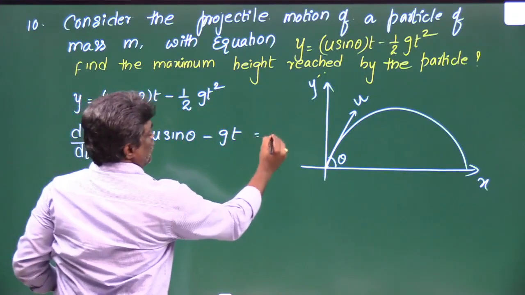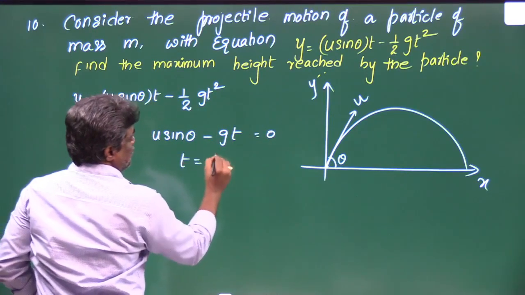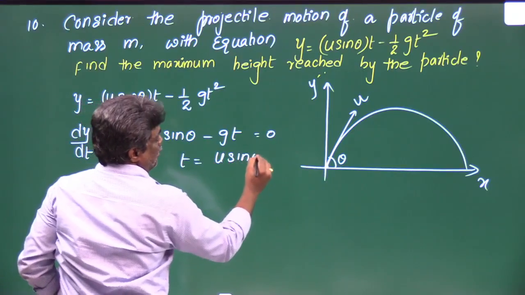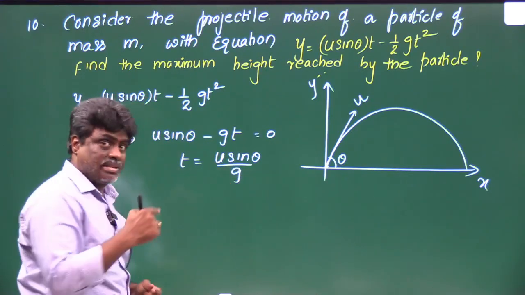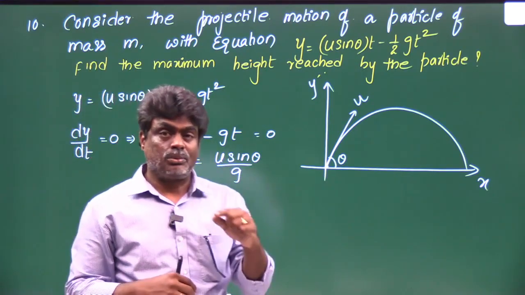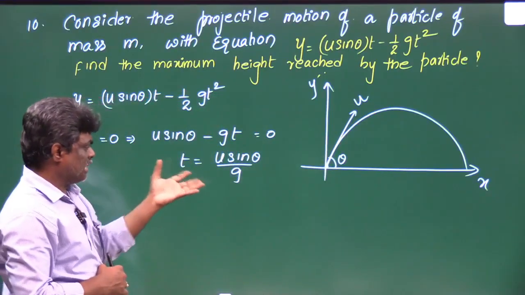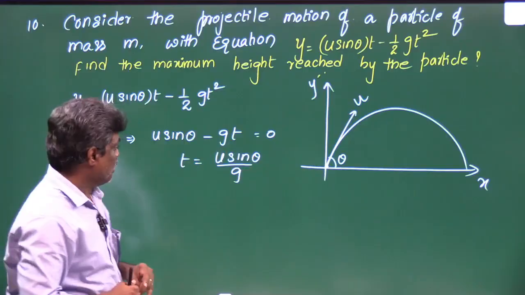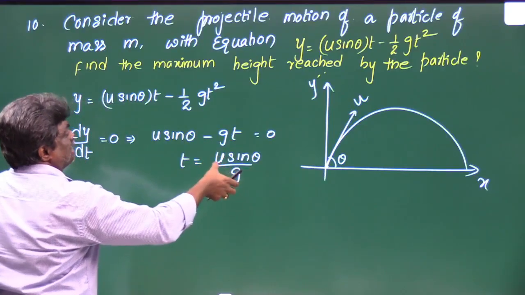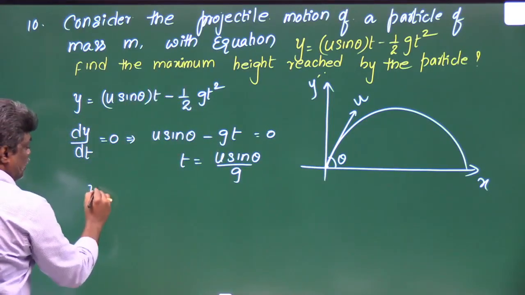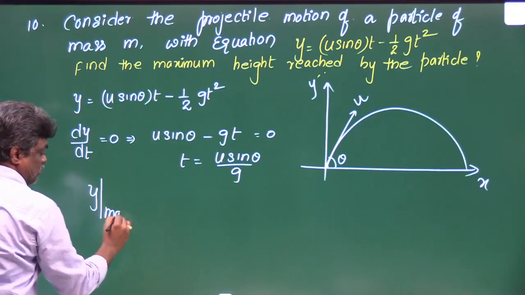So this should be equal to 0. That's why t is equal to u sine theta by g. You know this. This is the time taken to reach the maximum height, the time of ascent. Okay, and take this time and substitute, then you will get the maximum height.